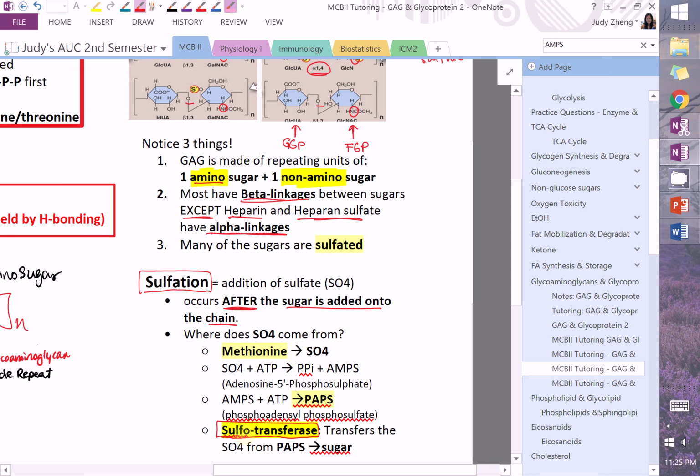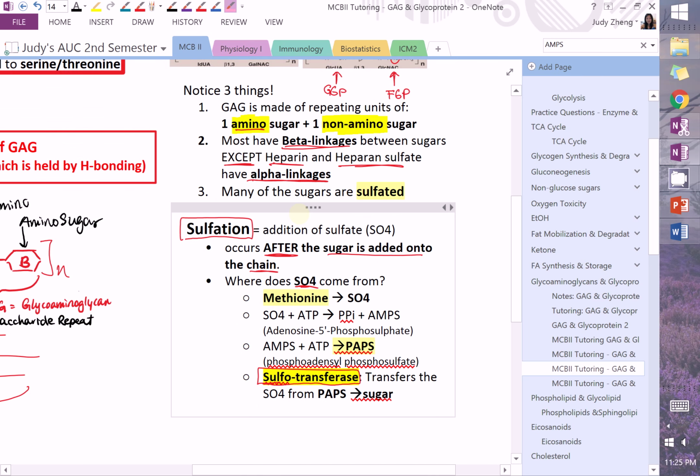So the question would be, where does the sulfate come from? The sulfur originally came from methionine. Methionine, if you recall, is one of the two amino acids that has a sulfur on it. The other one is cysteine.